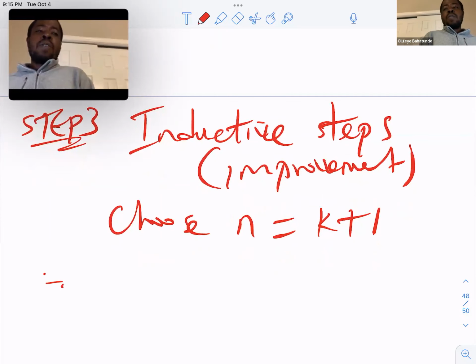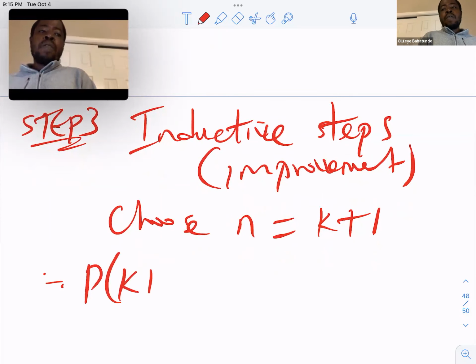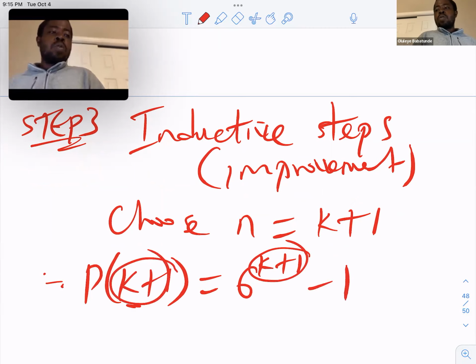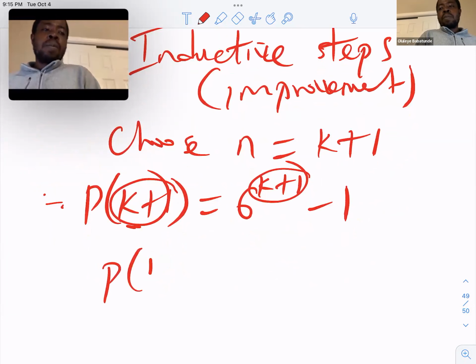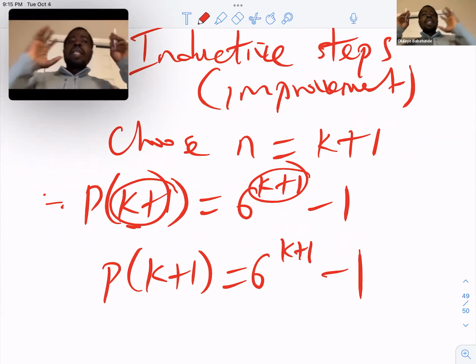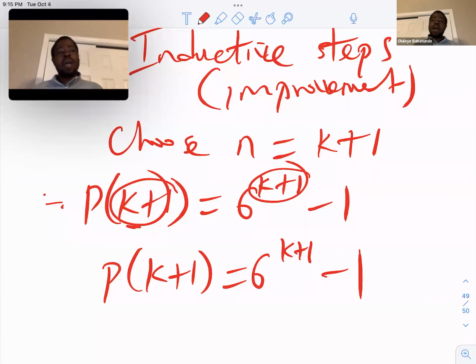So therefore, we are going to look for p of k plus 1 to be 6 raised to the power k plus 1. Whatever you have here must be here. Then minus 1. So p of k plus 1 is written as 6 raised to the power k plus 1 minus 1. Now, the next thing that we have to do here is we have to prove.